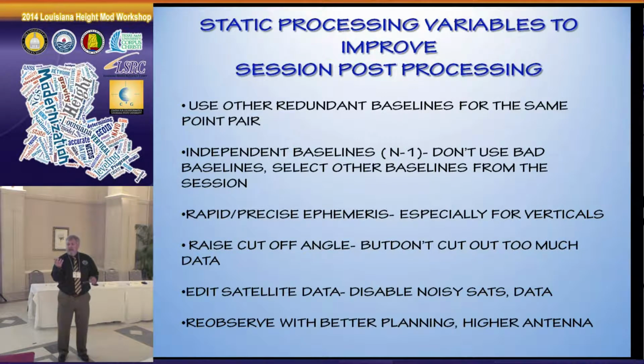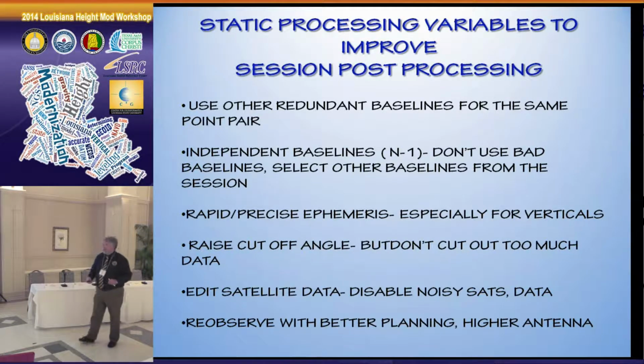Or maybe these 2 agree really well, and the other 2 maybe not so well. Well, you only need 1 redundant occupation. So you're going to pick and choose which 2 work the best, using the statistics. Doesn't mean you're going to pick the 2 that are closest and they're wrong. You're going to look at the statistics and pick the 2 best ones. You can do that.